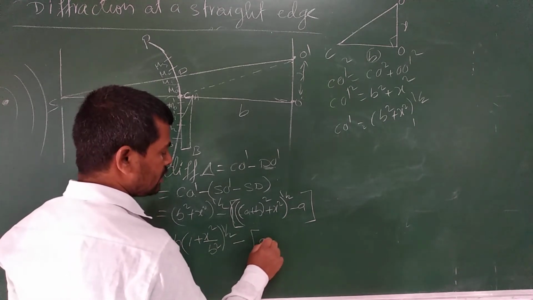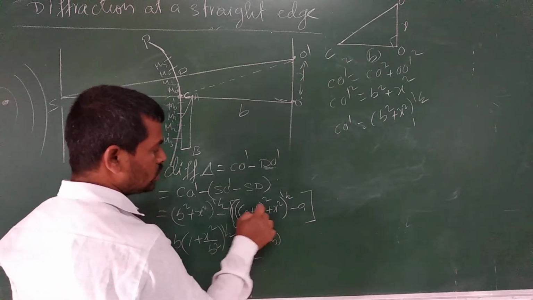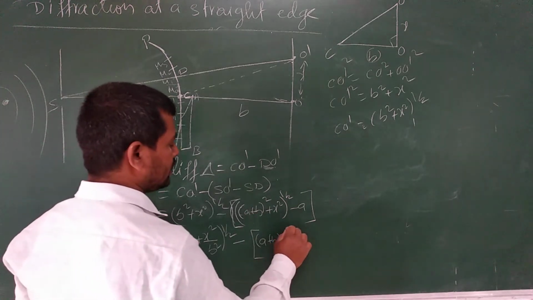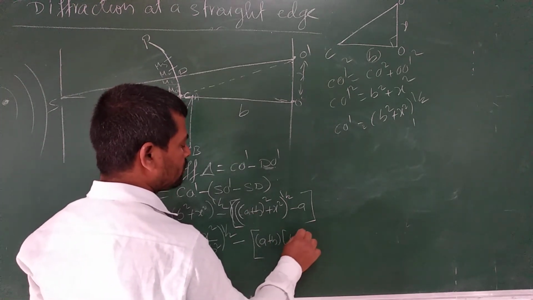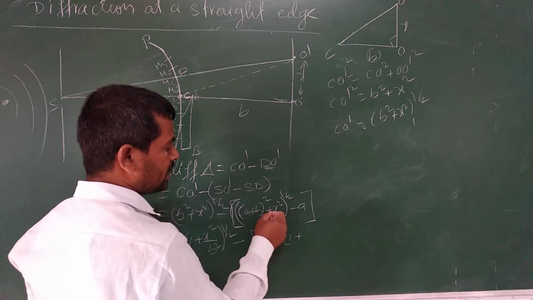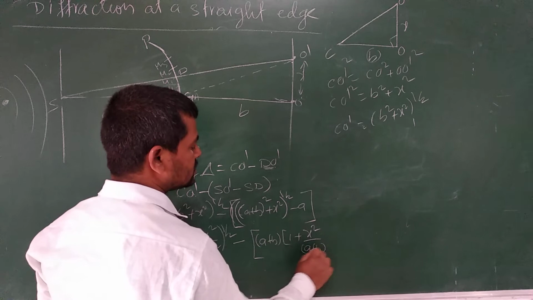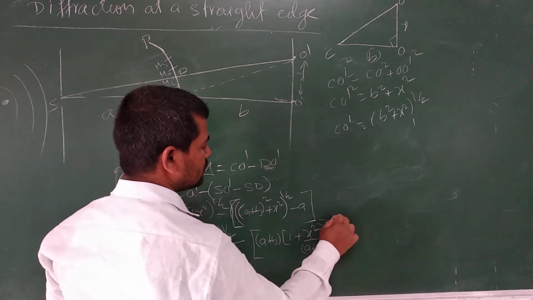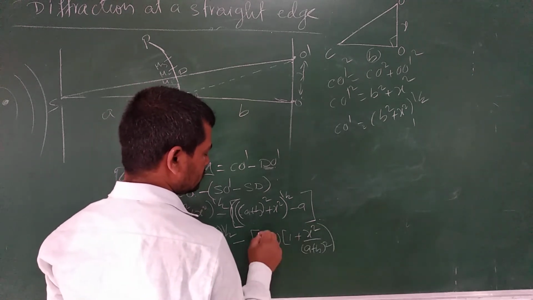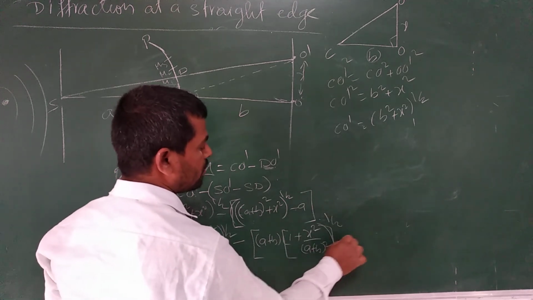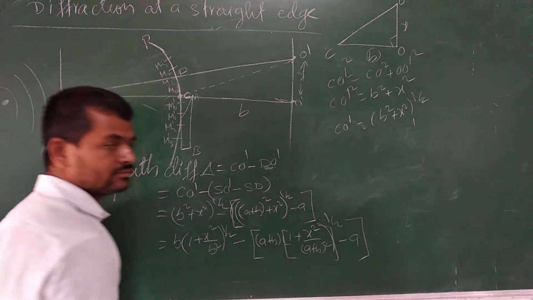From the root it comes outside as A plus B only. 1 plus X square by A plus B whole square, close it, power 1 by 2 minus A.